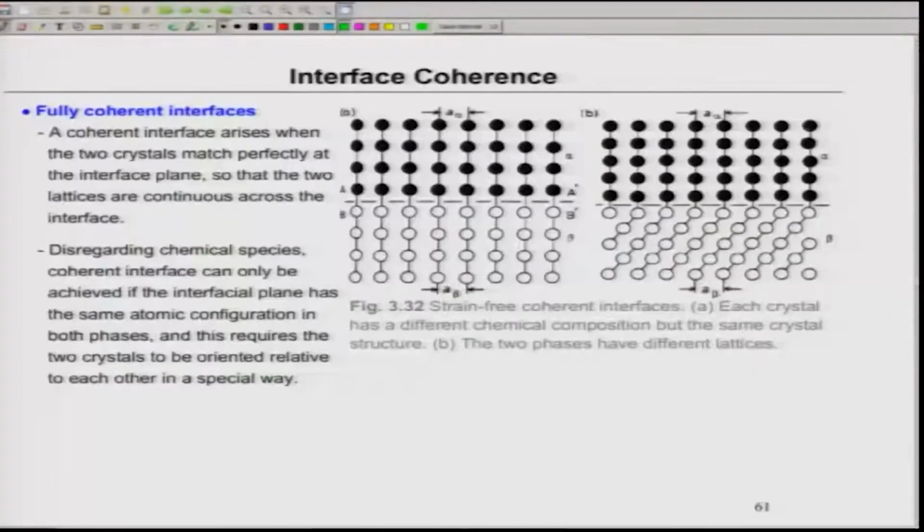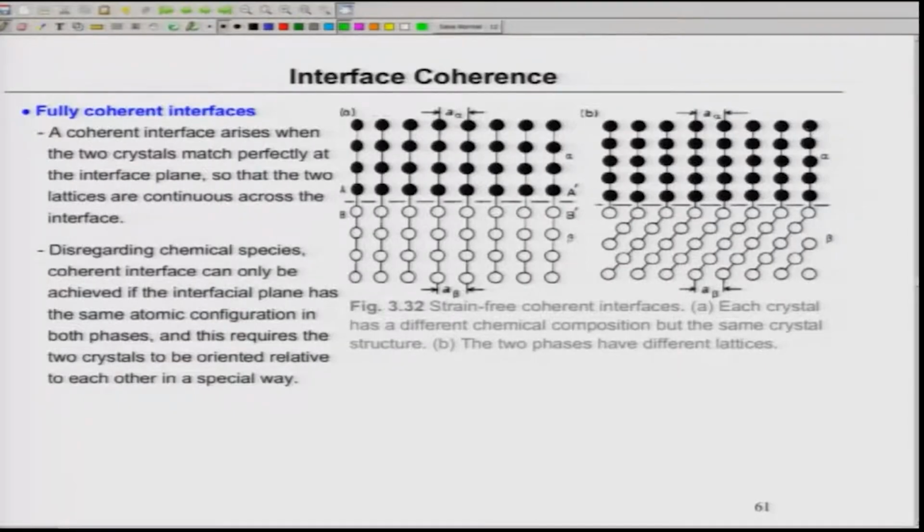You see there is a boundary A prime and B prime between the alpha and beta phases, and you see the atomic spacing. This can happen, I will give an example also, in such a way that a alpha, the distance between the planes of atoms in the alpha phase, and a beta, the distance between the planes in the beta phase, are exactly the same.